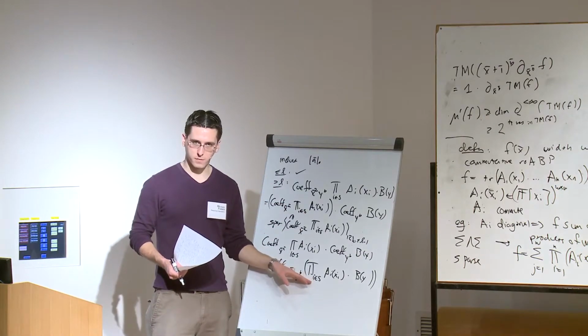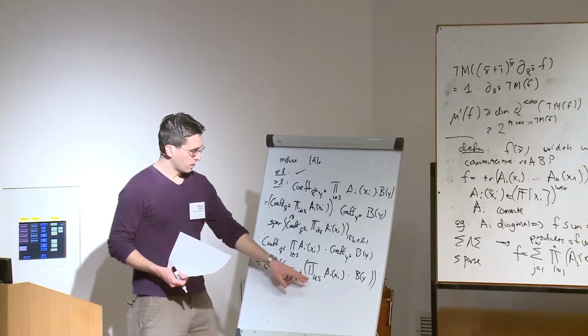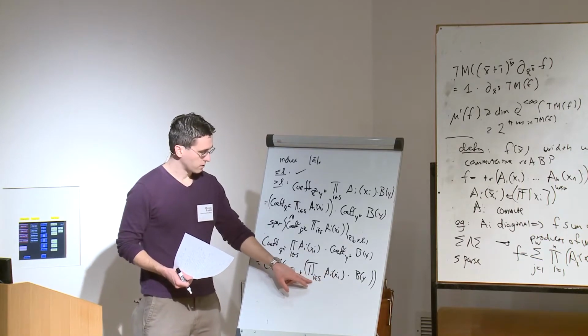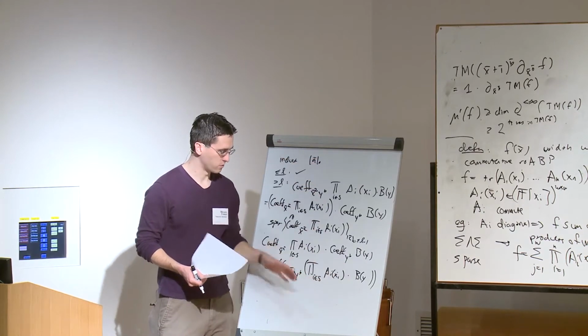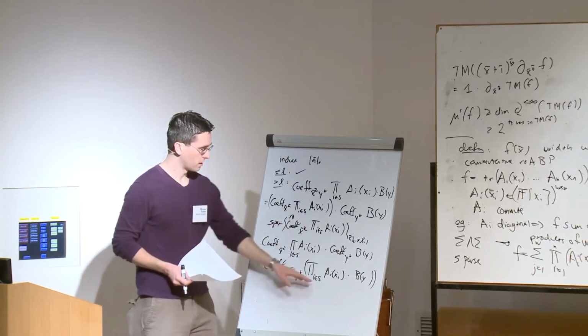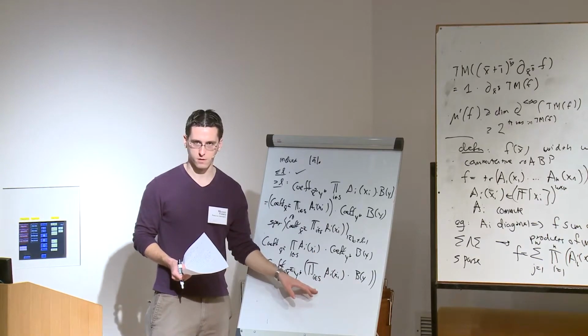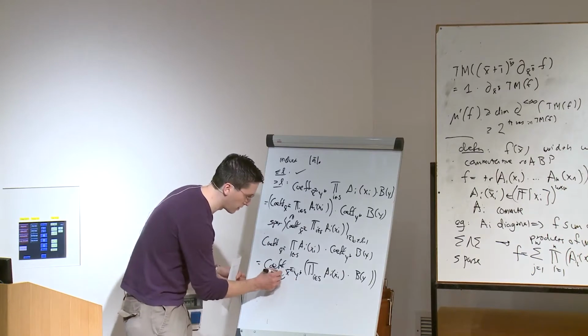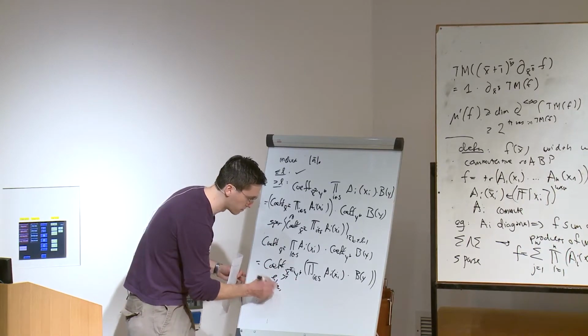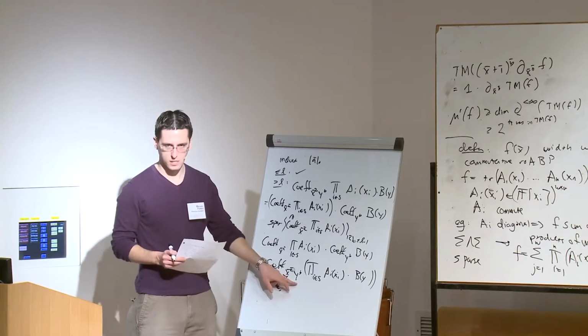Let's look at what's going on here. The reason I chose this product over all subsets is because I'm really using subsets in different ways. But this is still a subcircuit of my original thing. This coefficient has L minus 1 variables, and this is a single variable.